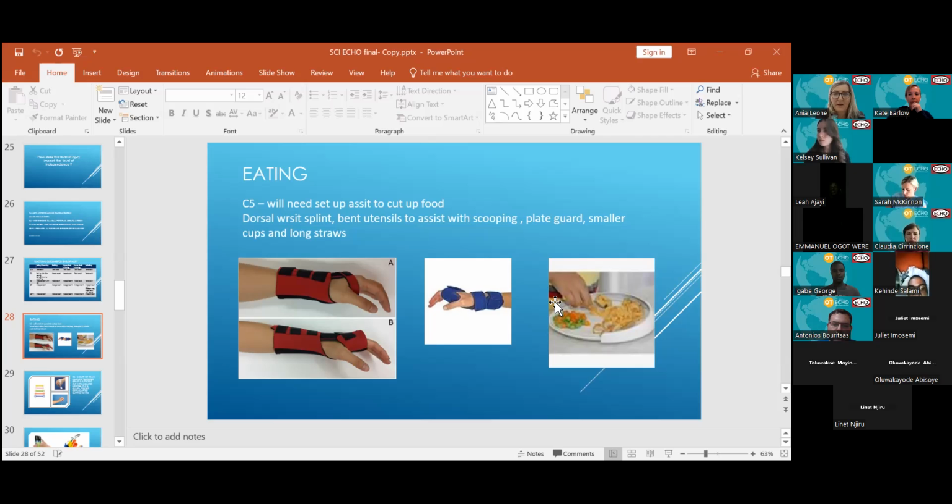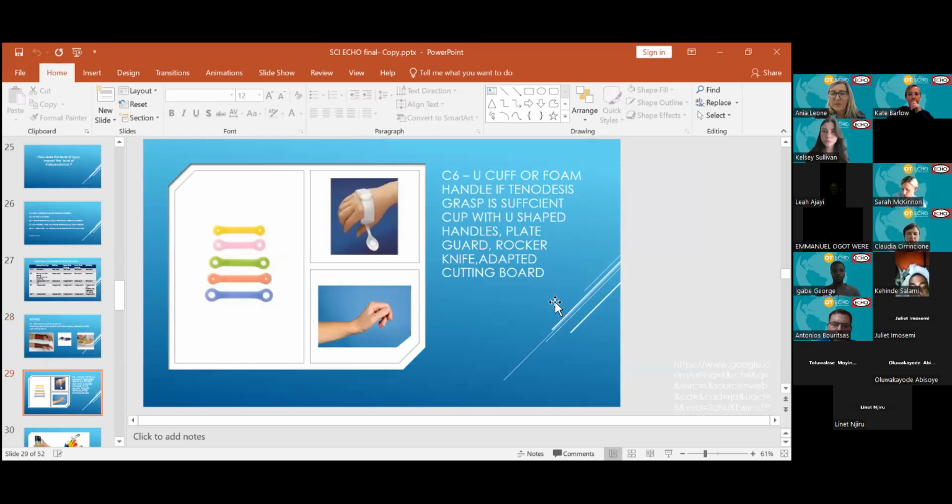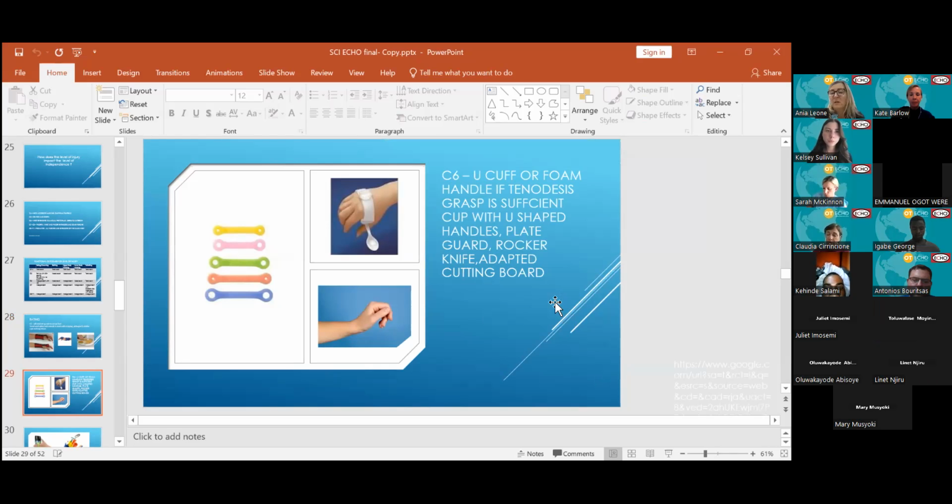With C6, since we've mentioned we do have that wrist extensor, we can be a bit more of a minimalist at this, right? It's what you're seeing in the picture, right upper corner. It's a universal cuff. So it's just a simple strap that's Velcro over the hand, and then they can use a utensil.